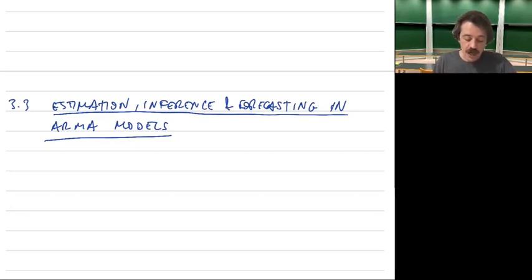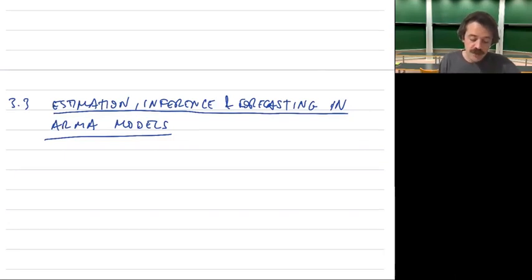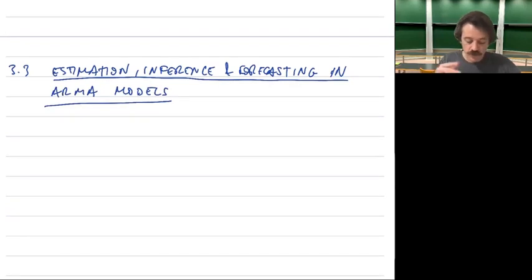Then if we are ARMA under this setting, then we can estimate and make inference. And if we're not, then we can transform it into an ARMA process and then do estimation and forecasting. Okay, so then estimation and forecasting are really for ARMA processes, and then inference is a combination due to that.